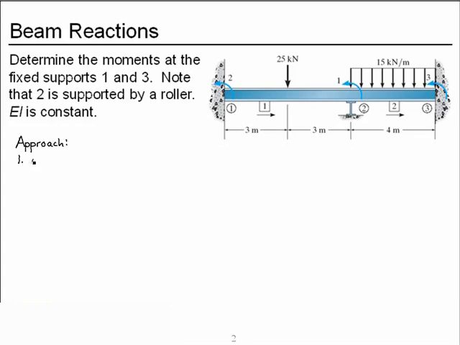We'll begin by approximating the answer. That way, when we're complete with our stiffness analysis, we'll have something to compare against to evaluate whether we have reasonable results. Then we'll compile the structure stiffness matrix as the first part of our stiffness method approach.